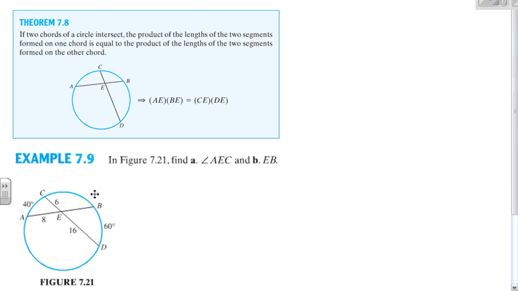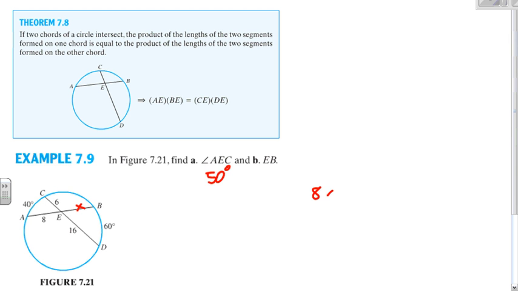So to find the measure of an angle, it's the average of the two arcs. So 1/2 of 40 plus 60, it's 1/2 of 100, which is 50. And find the length EB, we'll call it X. And part times part equals part times part.